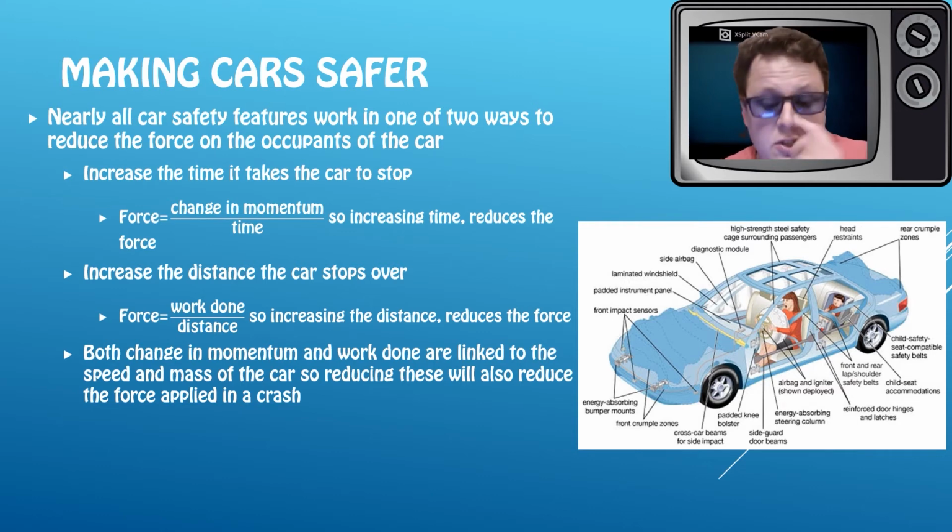So that's where most car safety features work. Things like crumple zones. Crumple zones mean that bit crumples. It increases the time or increases the distance the car stops over. Okay, so those are the key principles to know about when it comes to making cars safer.